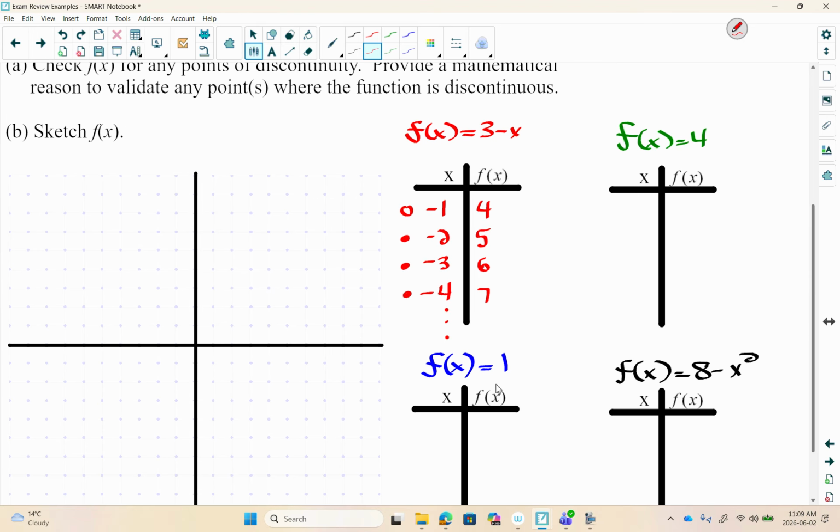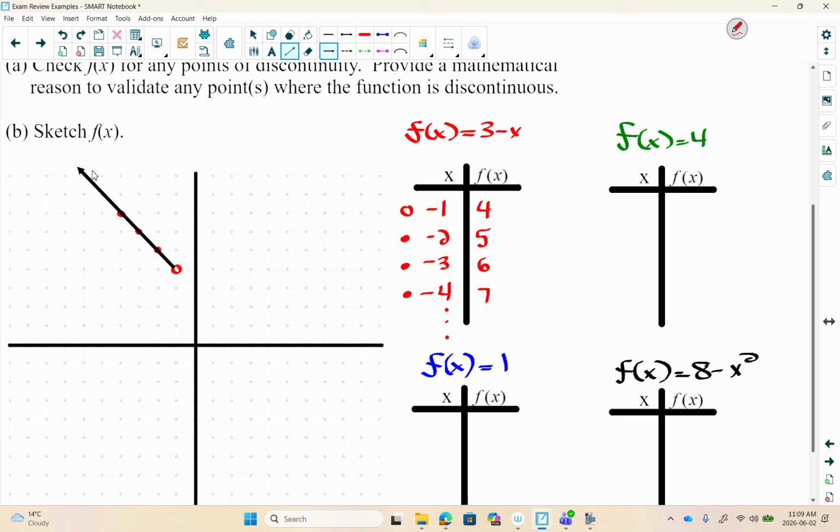I'm going to go over to my grid and I'll plot these points. 1 left, up 1, 2, 3, 4. Open dot. 2 left, up 5. 3 left, up 6. 4 left, up 7. And I will join them with a nice straight line, and I'll put an arrow pointing to the left. You with me on that?